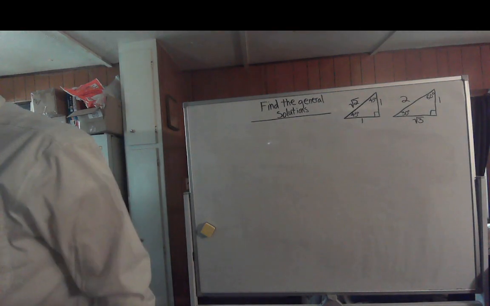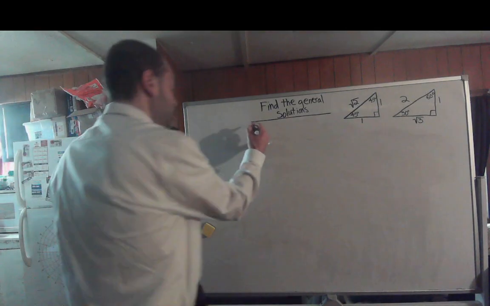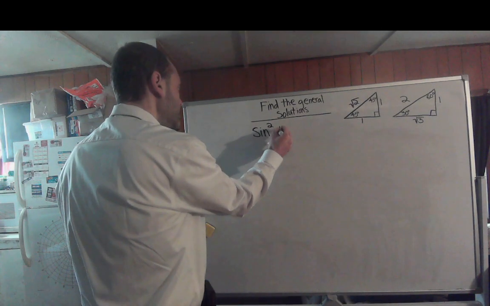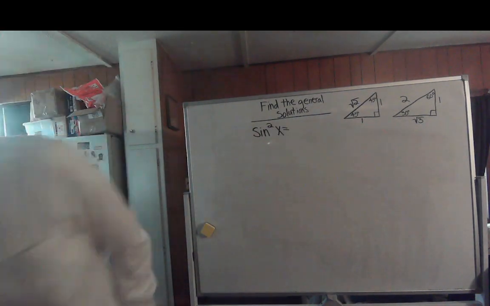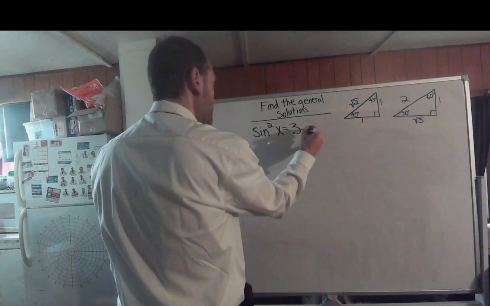Let's do trig equations of more than one function. So let's say we have the sine squared of x equals 3 times the cosine squared of x.